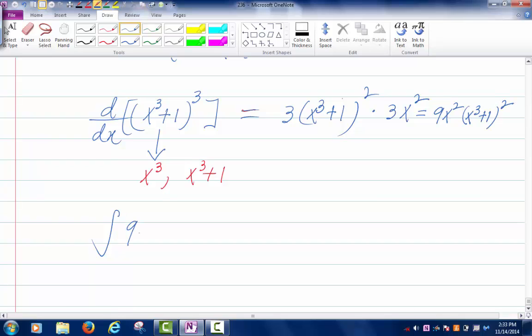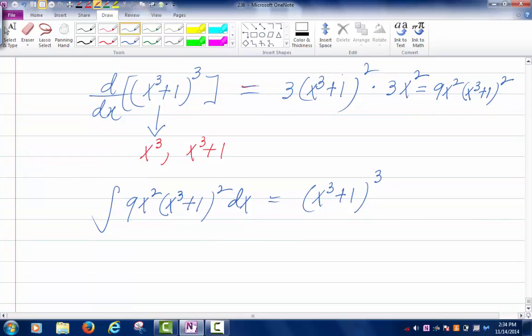So I have to start with an integrand where I have 9x squared times x cubed plus 1 squared dx, and I have to come to this x cubed plus 1 to the 3, with the plus c, or I'm going to ignore c for a second. So if I want to find the antiderivative of 9x squared times x cubed plus 1 squared, then that would be x cubed plus 1 cubed.